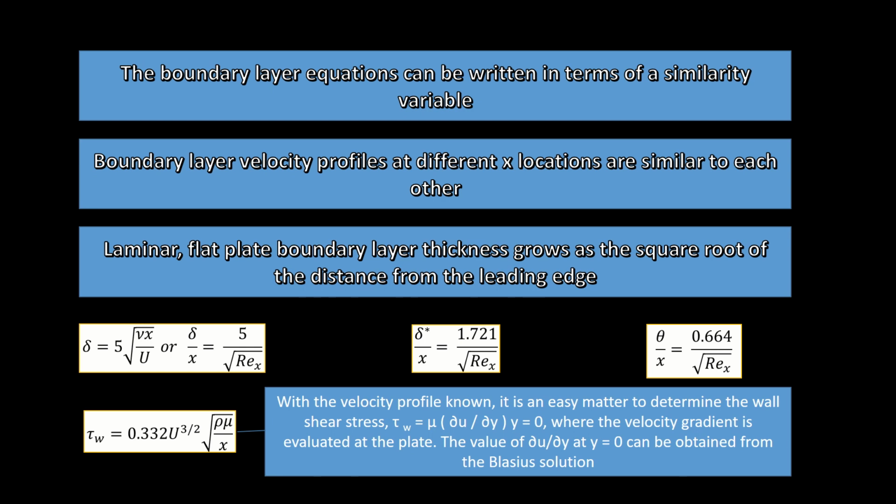From this governing equation, the boundary layer equation can be written in terms of a similarity variable. Then the boundary layer velocity profiles at different locations are similar to each other. The laminar flat plate boundary layer thickness grows as the square root of the distance from the leading edge.